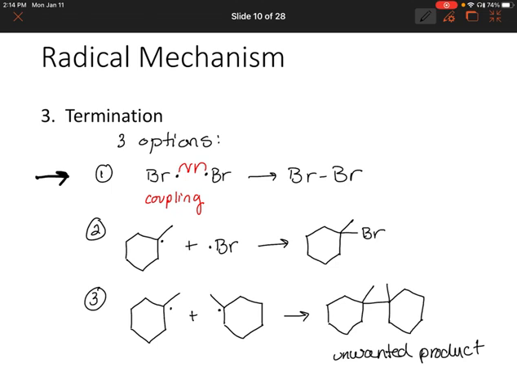All right, now you do need to be careful with how much bromine you add to this reaction. If you add too much bromine, you might see more radical mechanisms going on and other products occurring. So you do want to be careful with that.